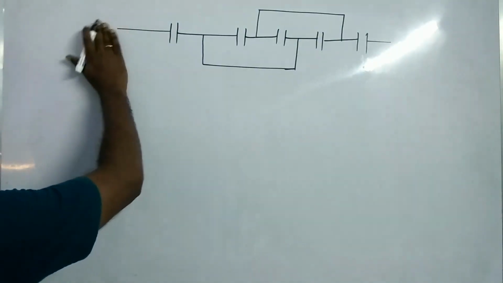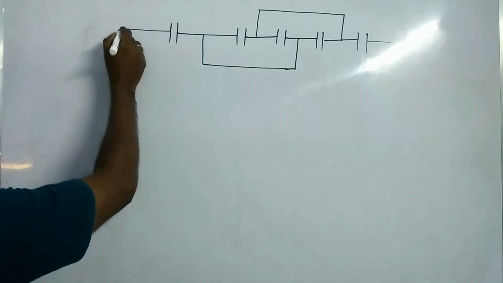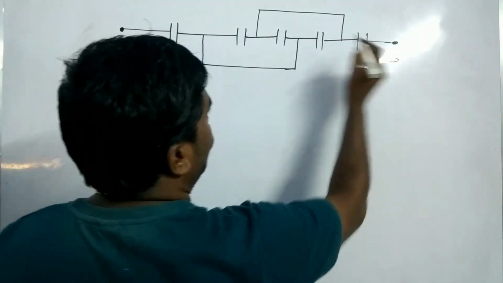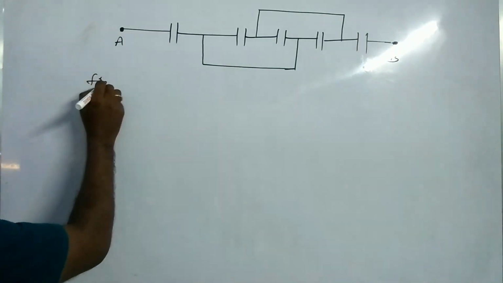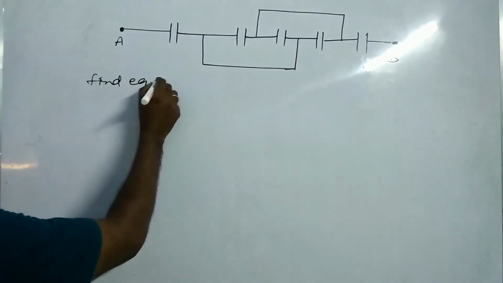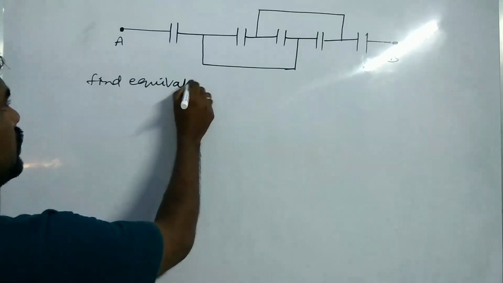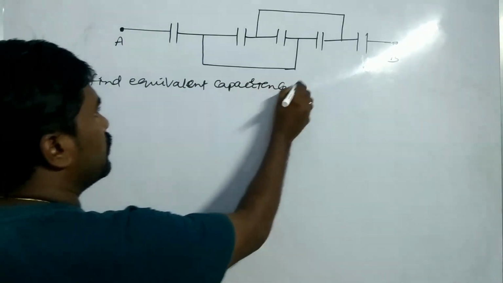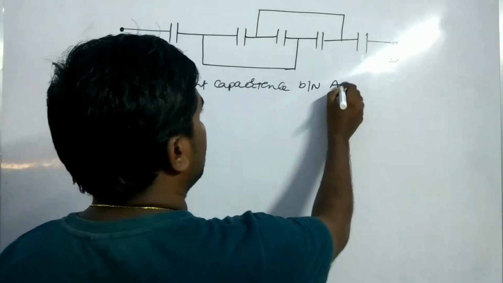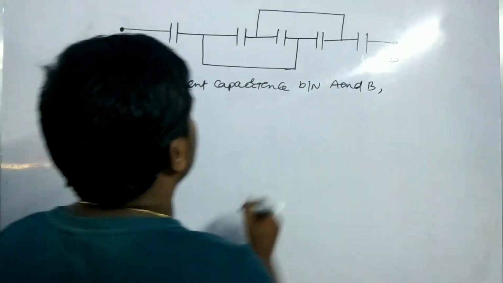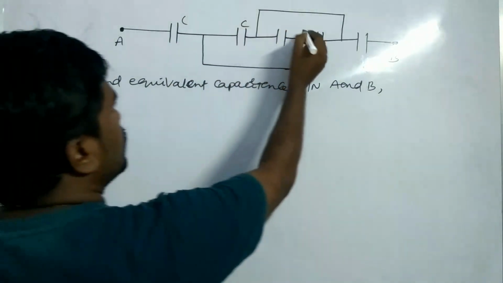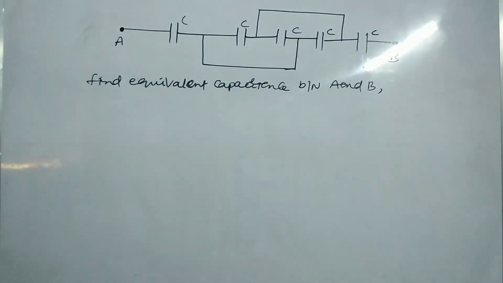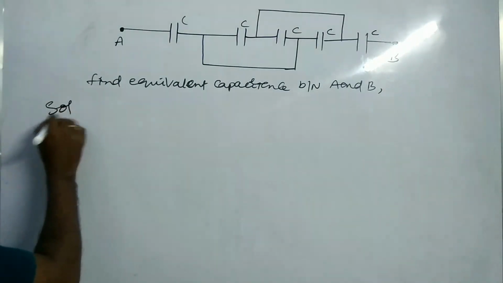This is point A, and let this be point B. Find the equivalent capacitance between A and B. Each capacitance is C here. So let us try it.